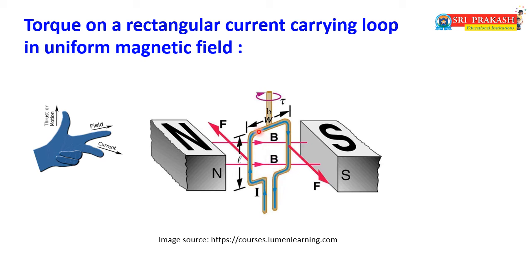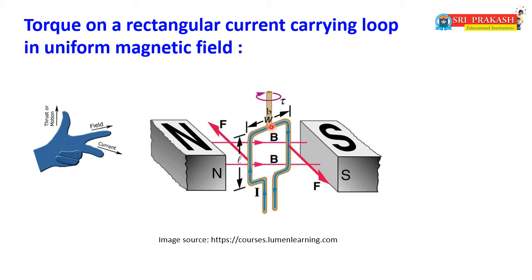If you analyze the width B parallel to the magnetic field, the angle between the length element and the magnetic field will be theta 0. So on this width element the force due to the magnetic field will be 0.